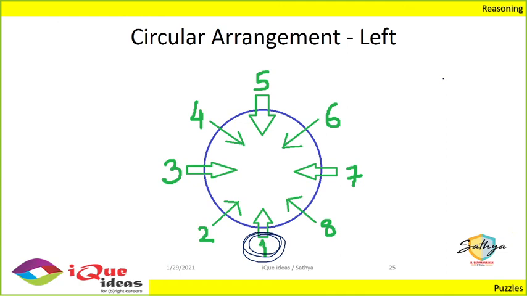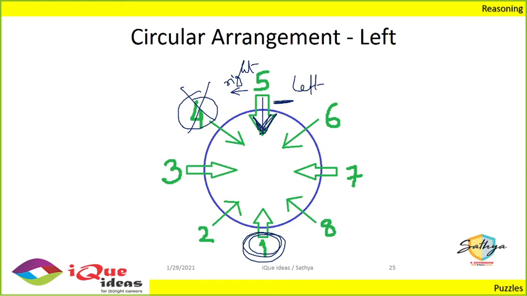Now that's precisely where most of us are making a mistake. If you think that 4 is sitting to the left of 5, then you are wrong. Look at the arrow. 5 is facing this. He's facing the opposite direction as us. So for him, this direction is left and this direction is right.